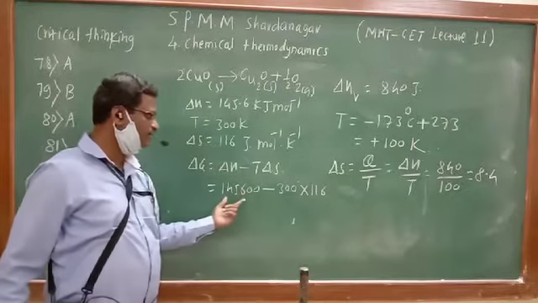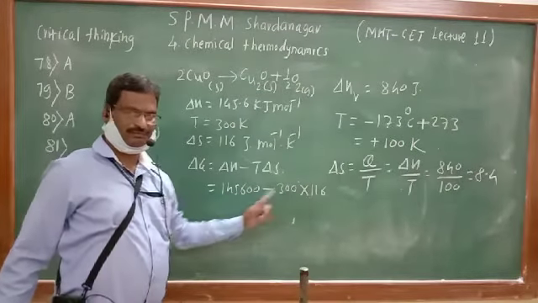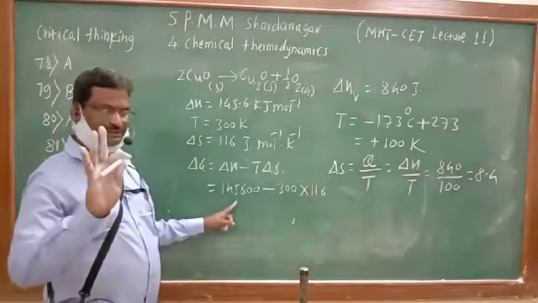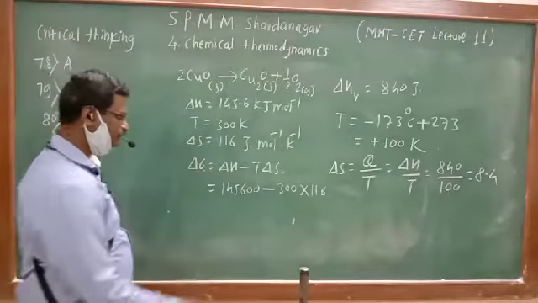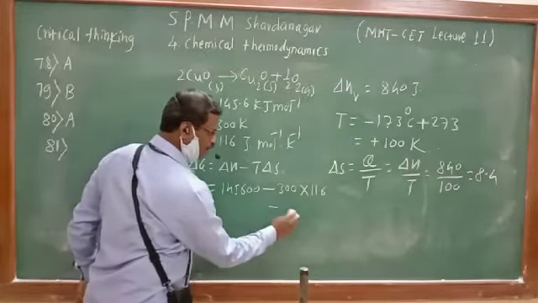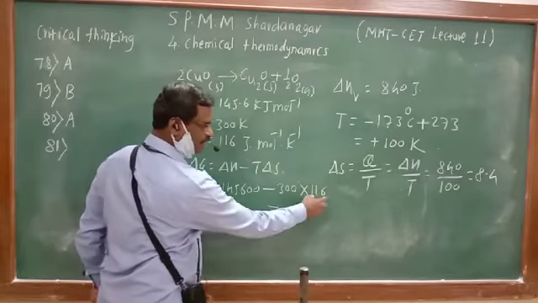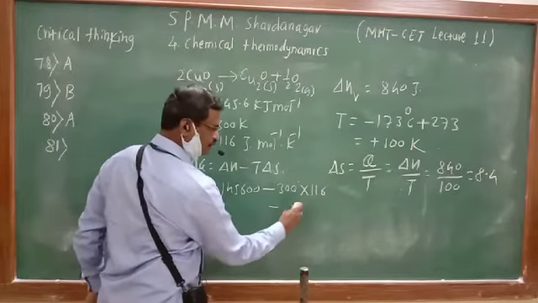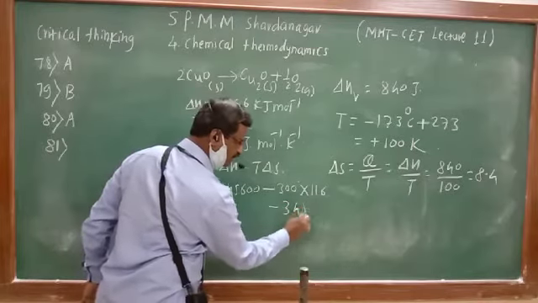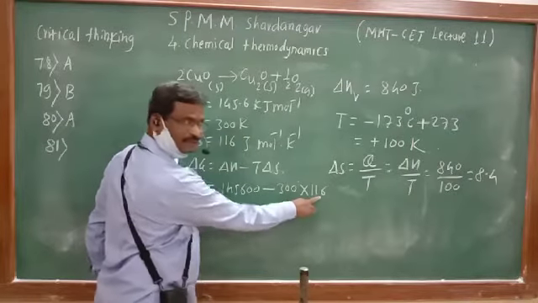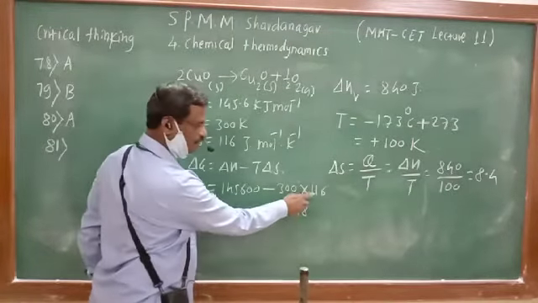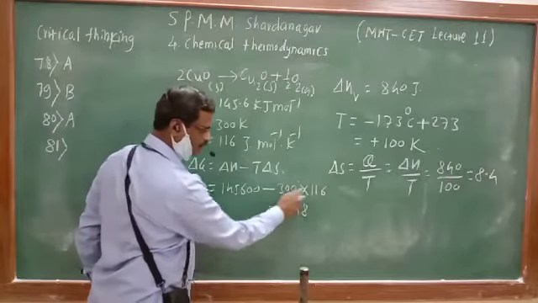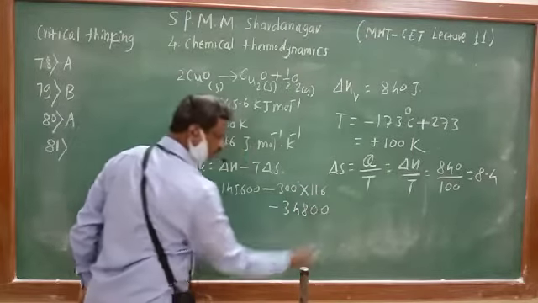Then this factor minus this factor, this will be bigger. See the approximation. 300 into 116 will be 34,800: 16 3s are 48, and 100 3s are 300, and then 2 zeros.